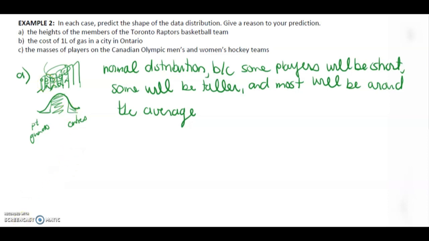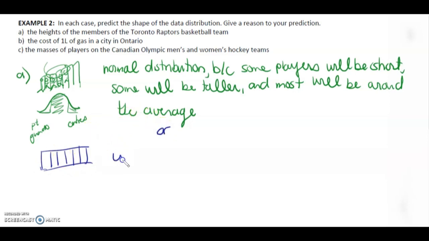Okay, an alternate explanation for this, it could be uniform. Okay, so you have, say, 4 point guards, they're all going to be the same height. For just normal forwards, they're all going to be the same height, and a couple centers, they're all going to be approximately the same height, right? So when we're looking at the distribution of the heights, it could be approximately the same across, okay?